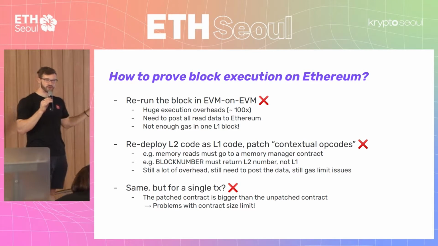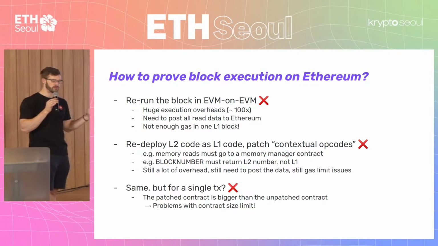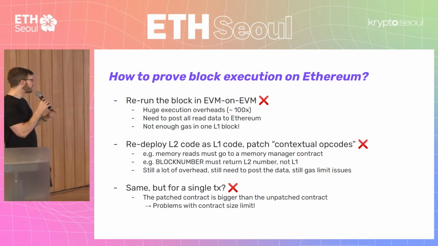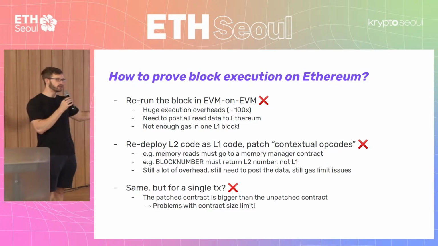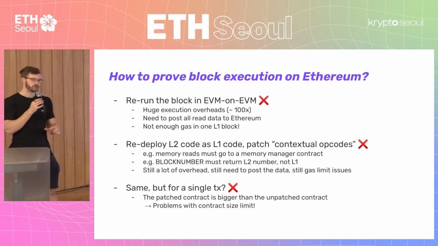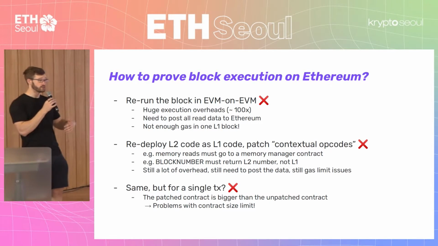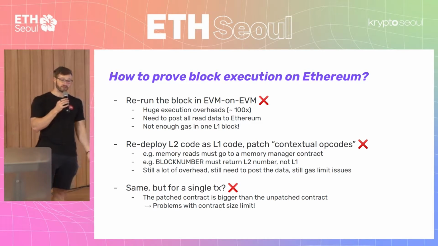So the number of opcodes that you can put in a contract is bounded. And the problem is that we need to patch the opcode. So we take the L2 contract and we replace some opcodes by some calls to special context contracts on L1. And these patches are bigger than the original thing that we replace. So the contract size grows when you deploy it on L1.